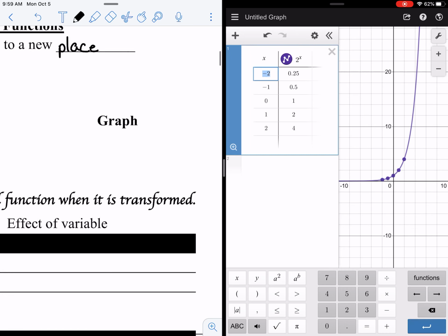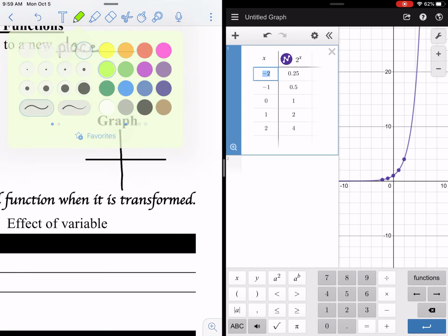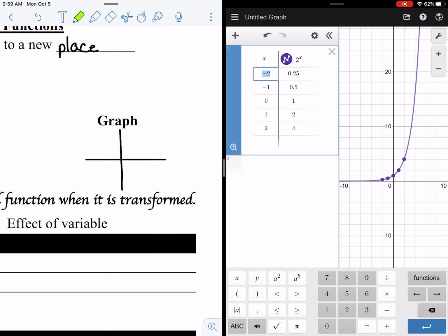And again, my graph, I'm just going to get kind of a somewhat accurate picture. So at 0 it's 1, at 1 it's 2, at 2 it's 4.